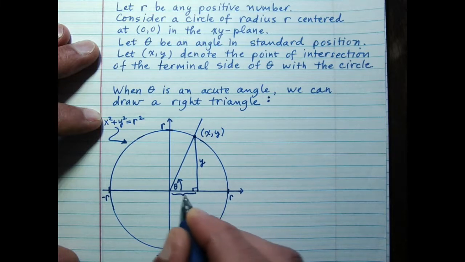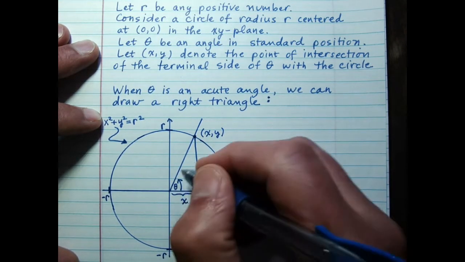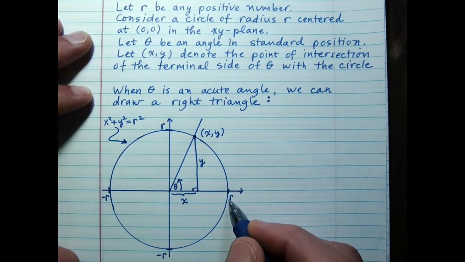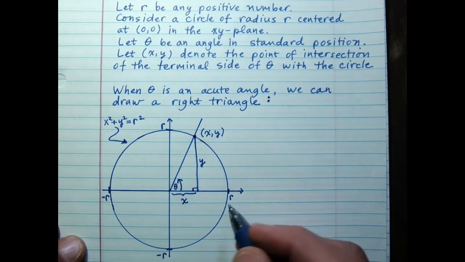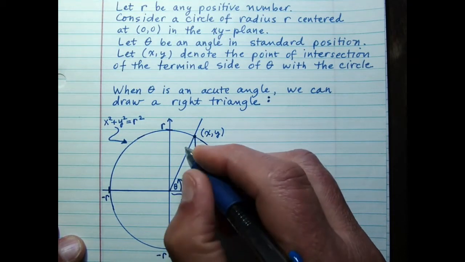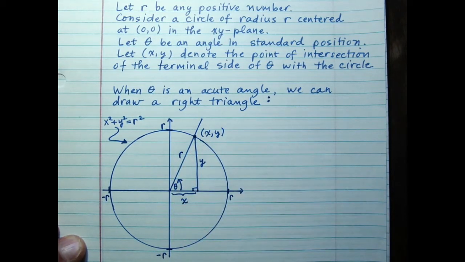Along the base of the triangle, this distance is the same as the x-coordinate of the point, (x, y). And the hypotenuse of the right triangle, because this is a circle of radius r, which extends from the center out to the circle, is a radius. So the length of the hypotenuse has to be r.